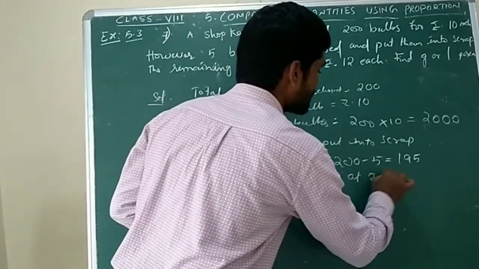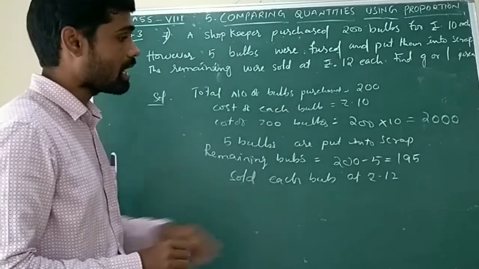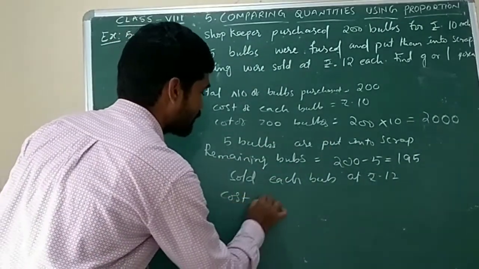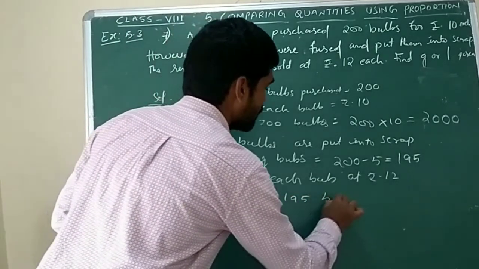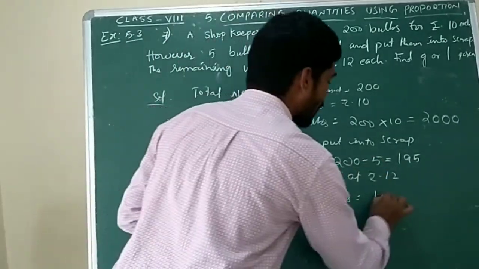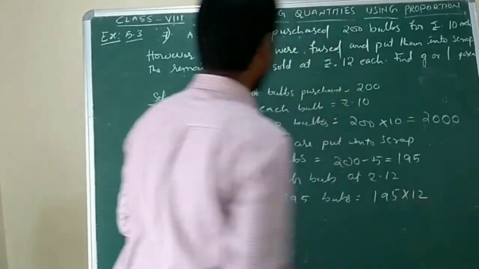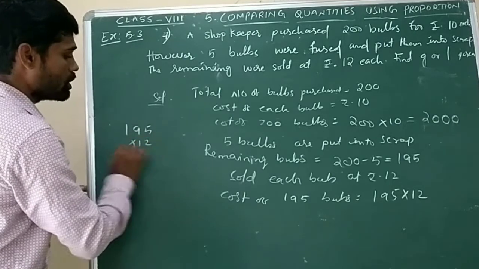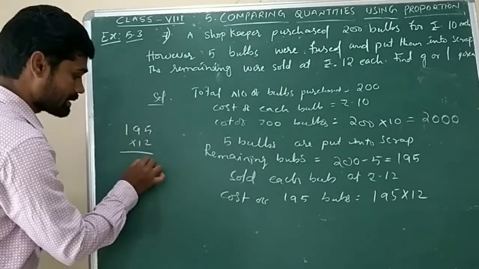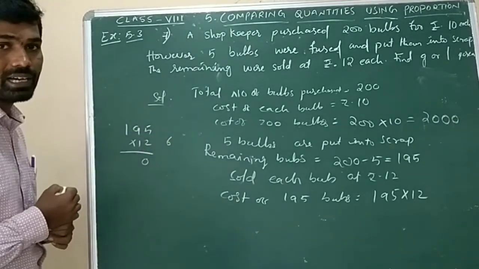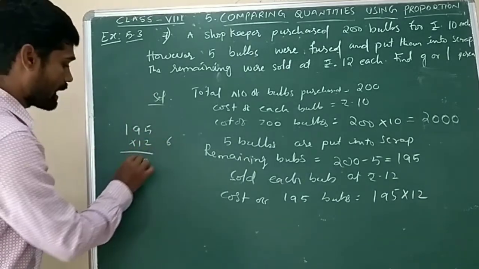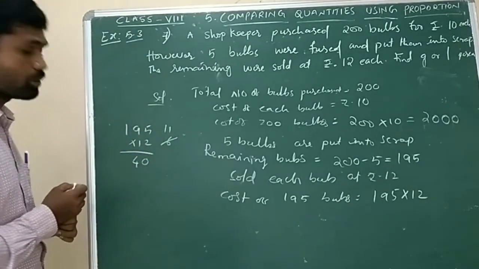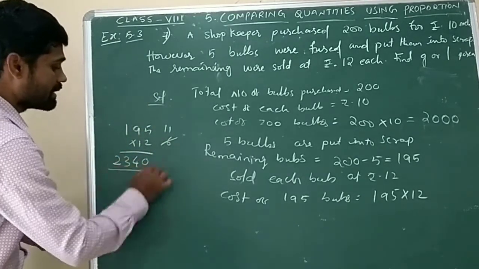He sold each bulb at rupees 12. Then what is the selling price of 195 bulbs? It is equal to 195 into 12. If you multiply 195 into 12, 12 fives are 60, and 12 nines are 108 plus 6, so 114. 12 ones are 12 plus 11, so it is 23.